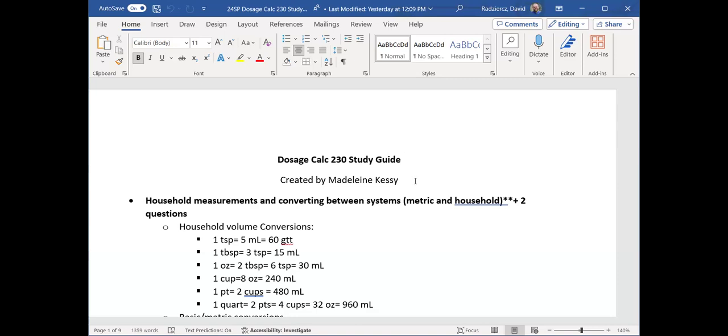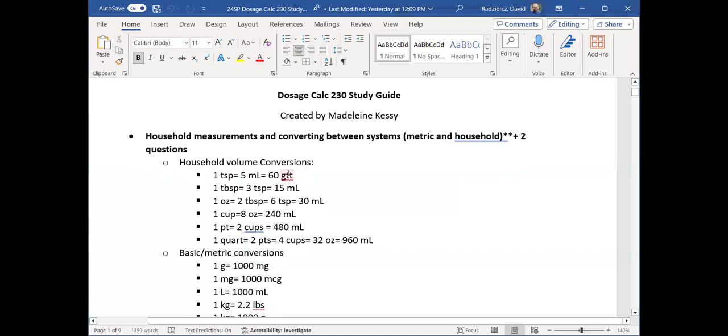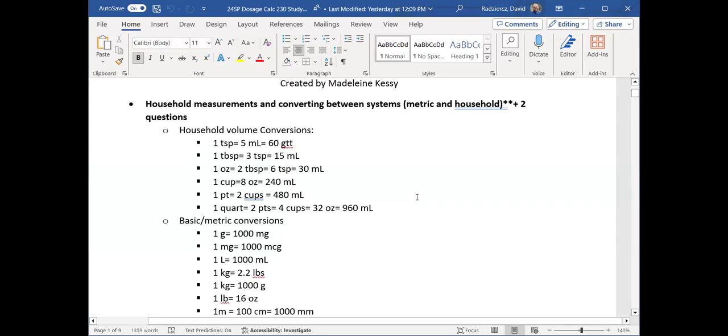But a former student, I'm assuming she's a nurse at this point, Maddie Kessie, put this together and basically just followed the blueprint, starting off with metric and household, 2 questions, and then she broke it down and made herself a study guide. She gave me permission to share it, and that's what I've been using anytime I work with Boyce students, because she did a great job with this. And then there are some tweaks that I'm doing to this.